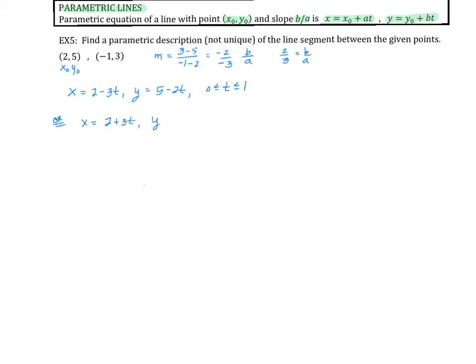My y would be 5 plus 2t, which is perfectly fine. But this is just a line segment. So where does it start? Where does it begin? Well, when t is equal to 0, I am at the point 2, 5. But what t value gets me to the point negative 1, 3?